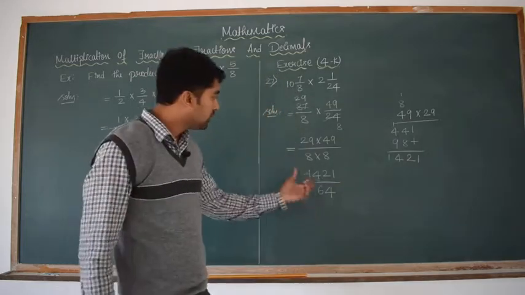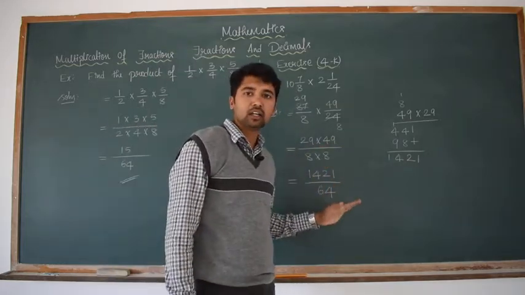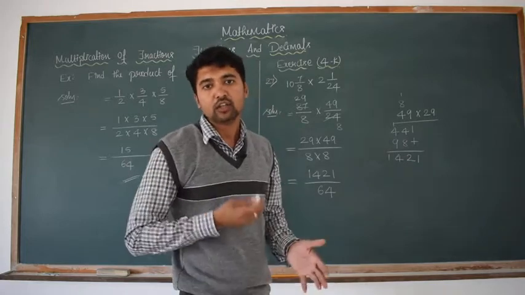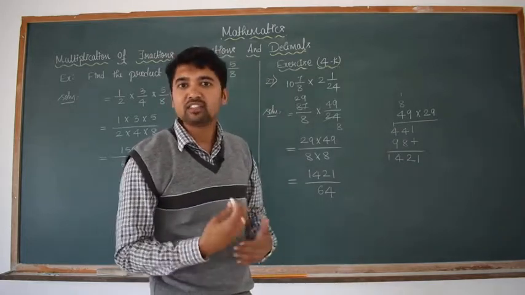So now the numerator is greater, the denominator is lesser, so it is an improper fraction. So you need to convert that into a mixed fraction.